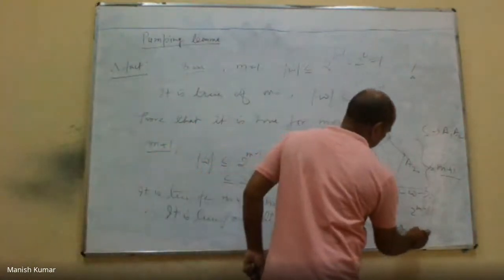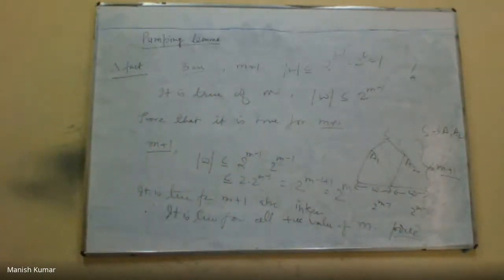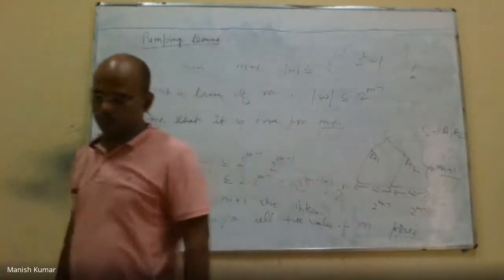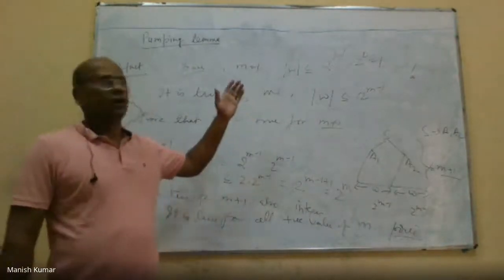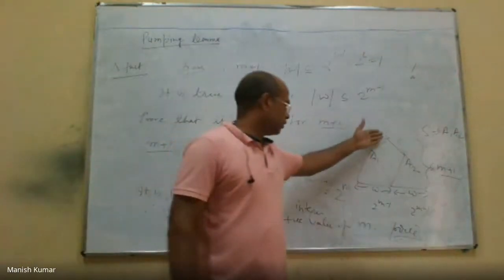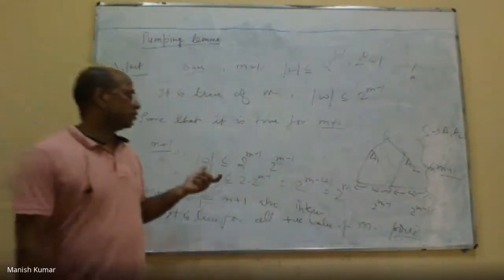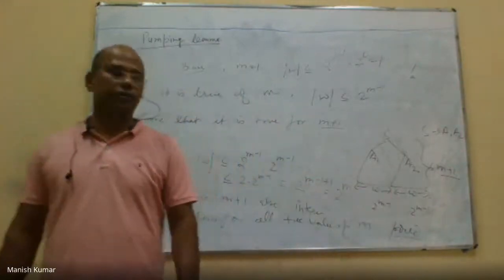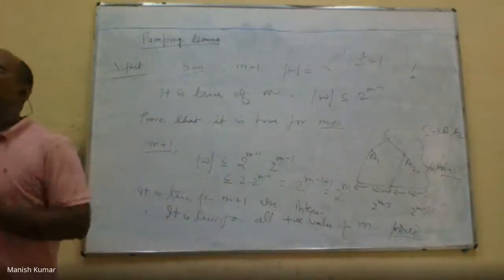Hence proof. So this is what the fact talks. That means that if you are talking about a grammar which is in Chomsky normal form and that is generating some sort of strings, suppose your derivation tree has length of n or less than n, then the string generated by that particular grammar will always have length less than or equal to 2 to the power n minus 1.